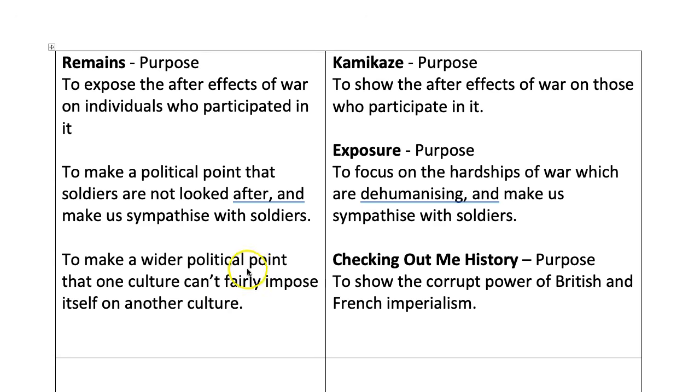Well, if I want to show that it's about cultural imposition and cultural power, then actually I'm going to compare it to Checking Out My History, which shows that British imperial power was corrupt, as was French imperial power, and that this power still continues into the modern day through the portrayal of the British history, a Eurocentric history that excludes Afro-Caribbean history. Well, once I do that, possibly my most eye-catching comparison with Remains is going to be Checking Out My History. All of these will get me grade 7 or above if I do it properly.